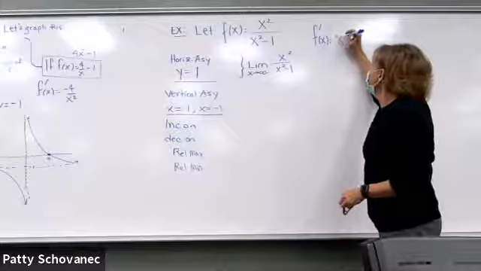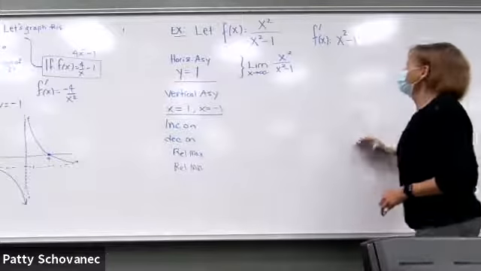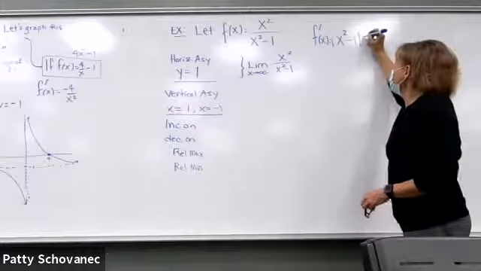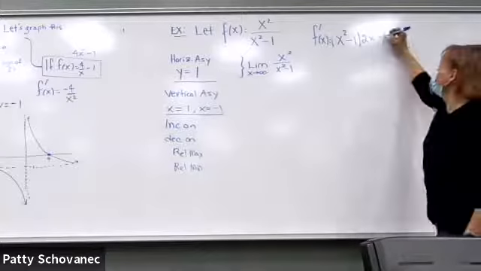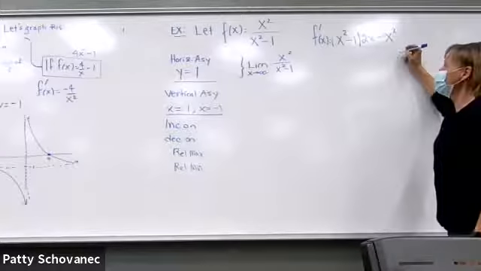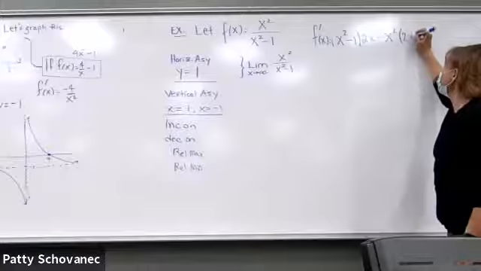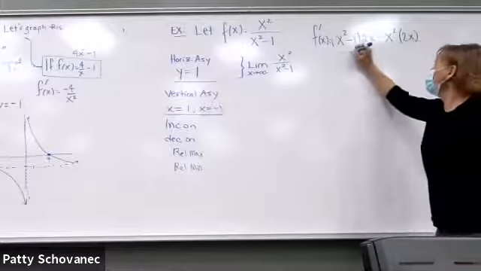The bottom times the derivative of the top. That's just going to be a 2x. Minus the top times the derivative of the bottom. x squared times the bottom is just 2x again, all over the bottom squared.